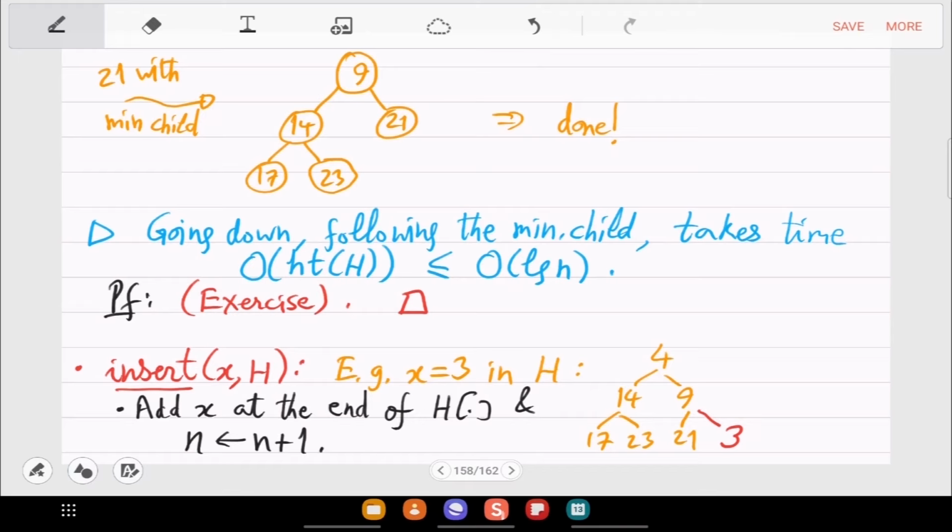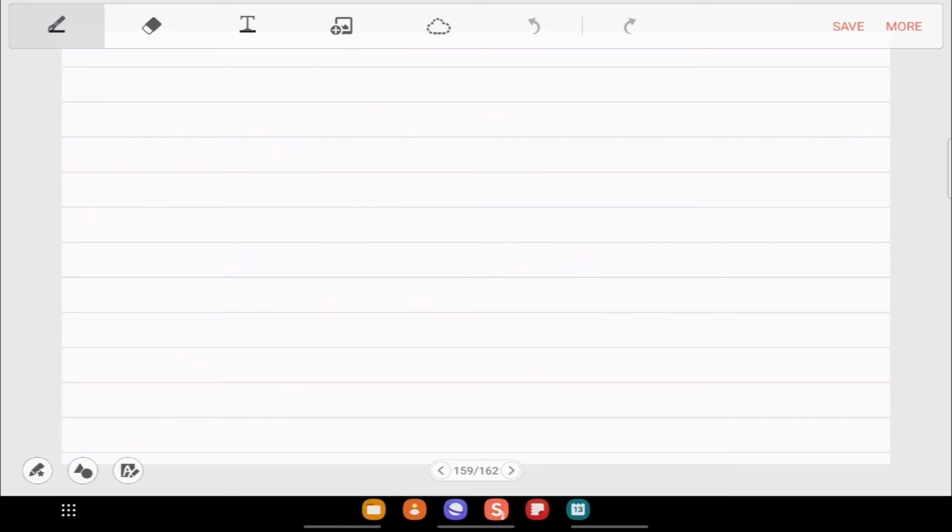Yeah, since the parent is larger or the child is smaller, so you do the same thing that you did with extract min, right? It's the same idea. So again, 9 sees that 3 is smaller, so 9 should go down. Will be swapped with 3. So again swap with the min child, which is unique.